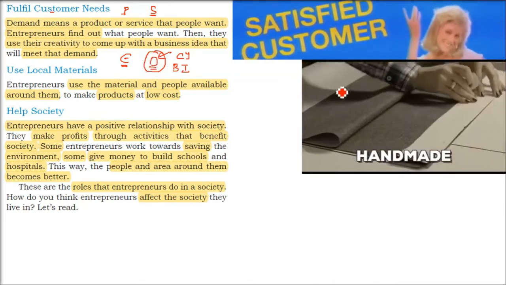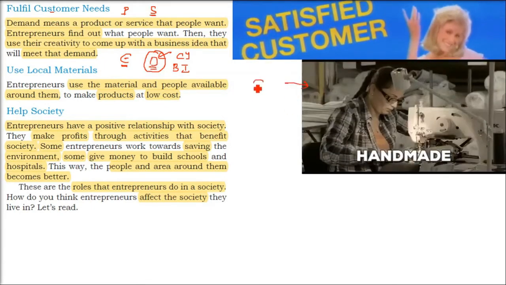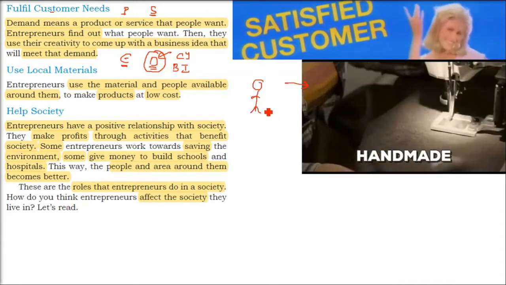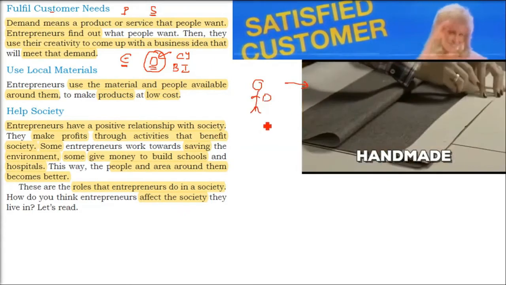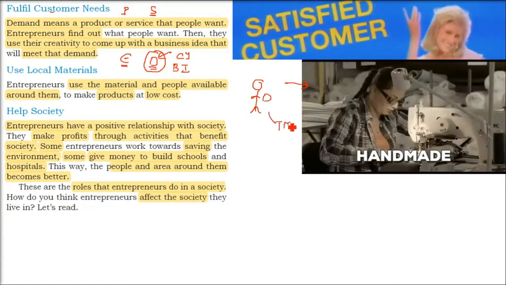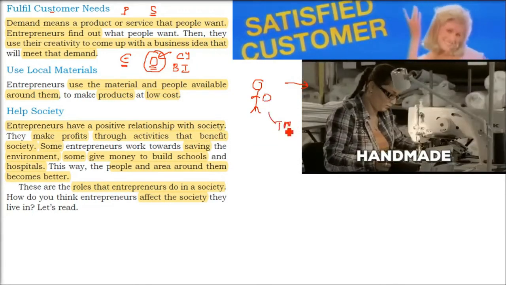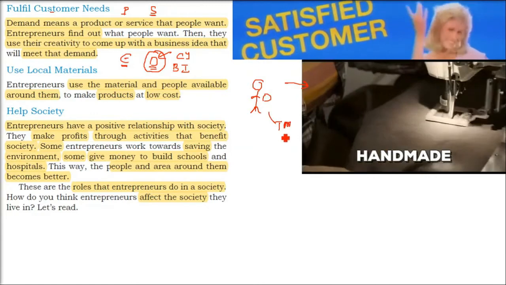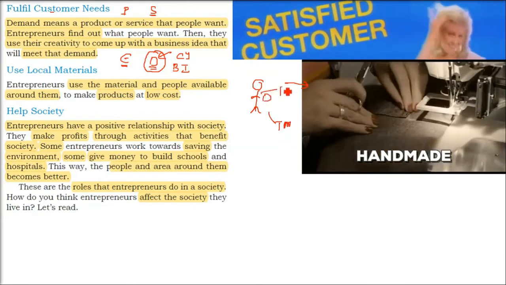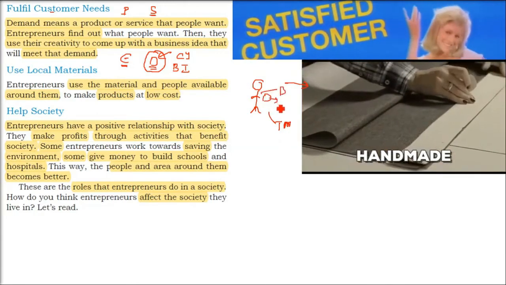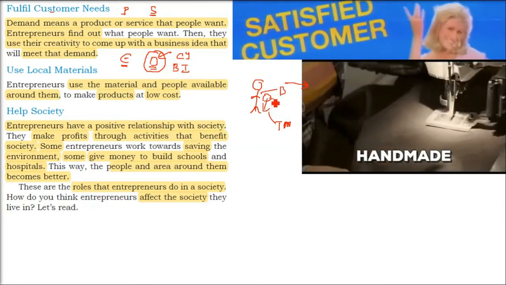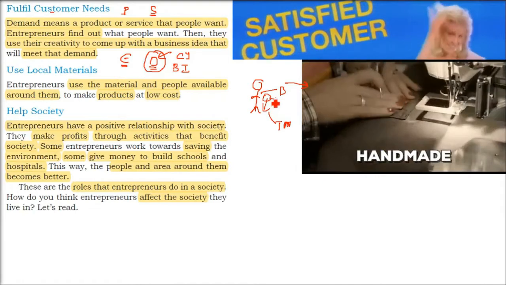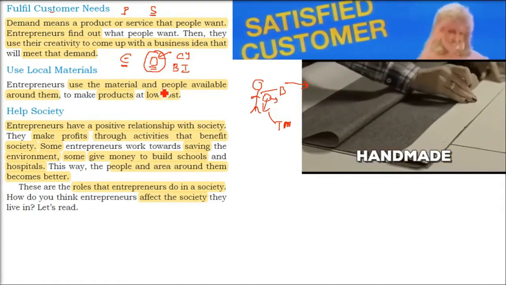Second thing, entrepreneurs will use local materials. For example, if somebody starts a business and is living in Delhi, he will not go to Tamil Nadu or Pondicherry to buy his stuff, unless the stuff is only available there. He will not go to Burma, he will not go to Bhutan. He will try to get local materials, because the cheaper the material, the cheaper the product will be.